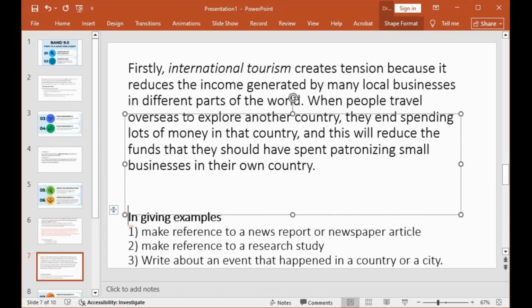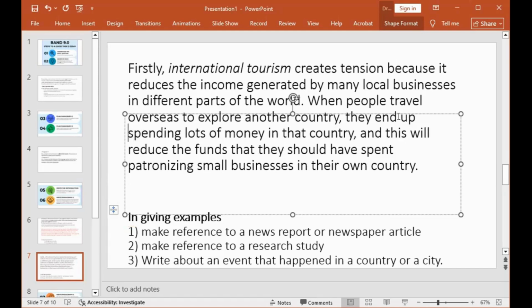When people travel overseas to explore another country, they end up spending lots of money in that country, and this will reduce the funds that they should have spent patronizing small businesses in their own country. Can you see that? Yes, sir.